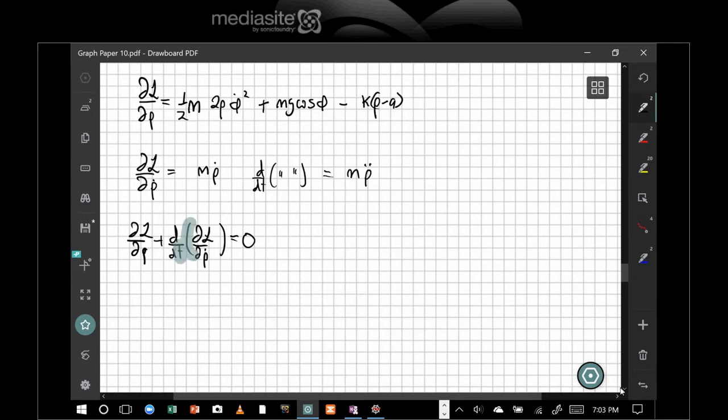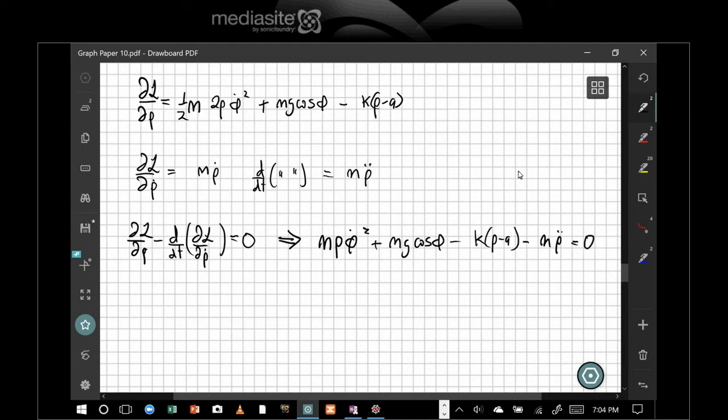Oops, sorry, there's a minus sign there. Okay, so I'm going to do that. And that's going to give me m rho phi dot squared plus mg cosine phi minus k rho minus a, and then minus m rho double dot equals 0.